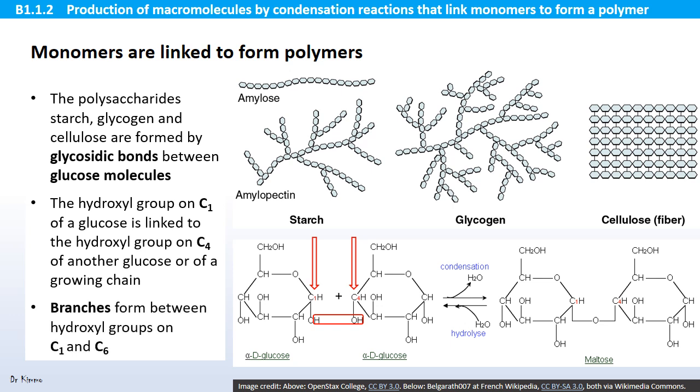Whenever there are branches, as there are in amylopectin, which is a part of starch, and in glycogen, these branches form between hydroxyl groups on carbon 1 on one glucose molecule and carbon 6 of another glucose molecule.